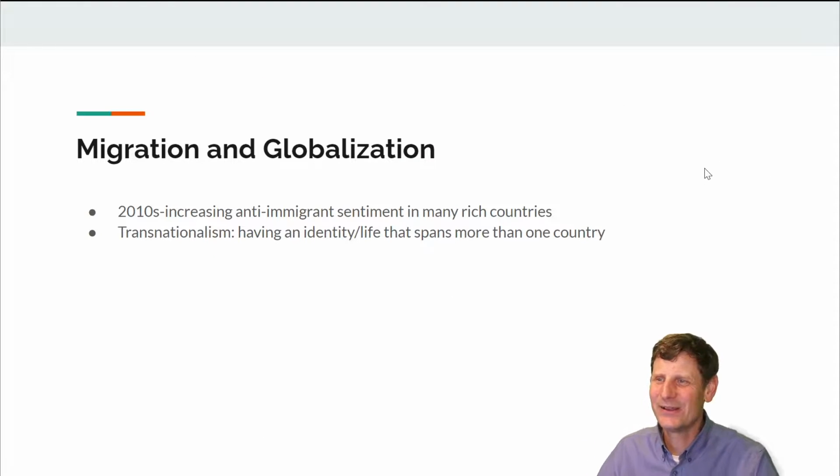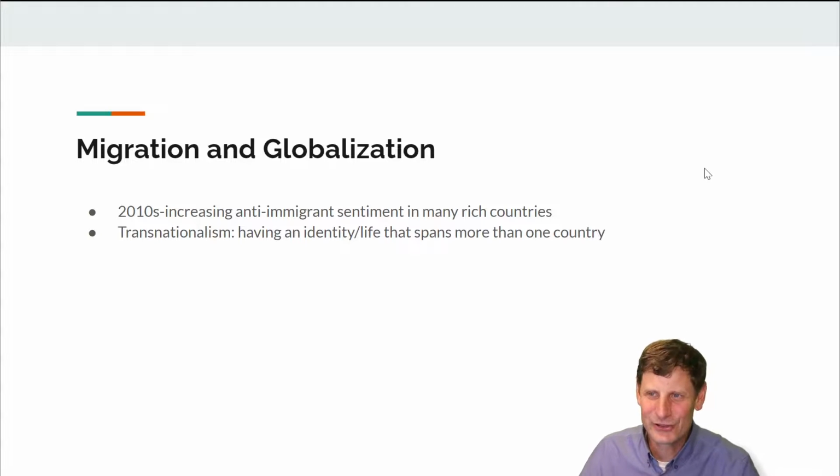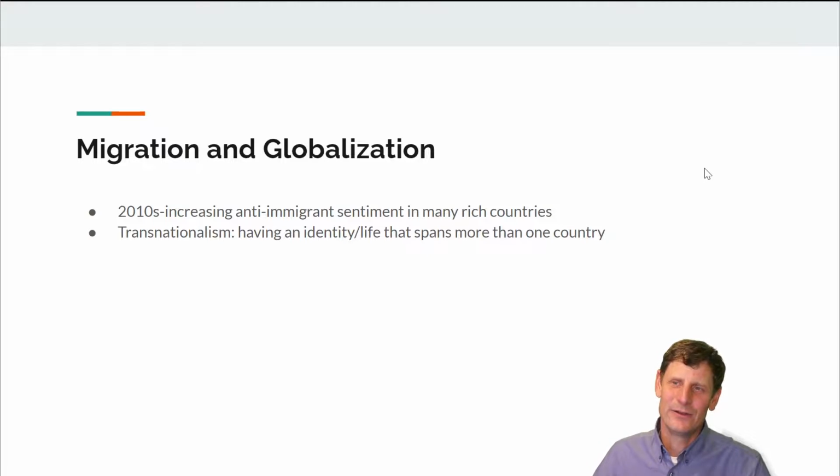Let's talk about the present state of migration in an increasingly globalized world and wrap this chapter up. The first thing that we have to say about the globalization of migration is that we've seen a fairly widespread backlash to migration.